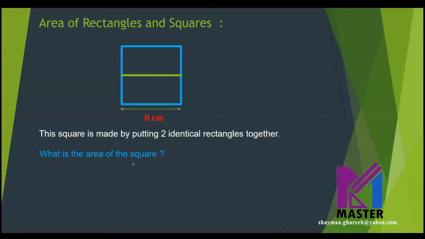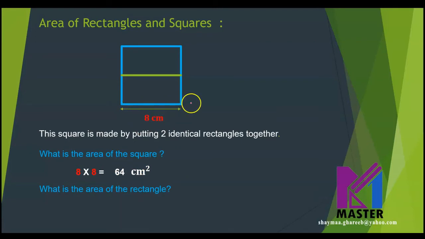First, for the square, I will multiply the side by itself. 8 times 8, which is 64 centimeters squared. What is the area of the rectangle? So we need to know the width of the rectangle. We can calculate the width of the rectangle, or we can just divide the area of the square by 2.